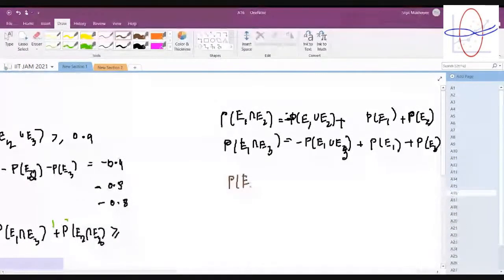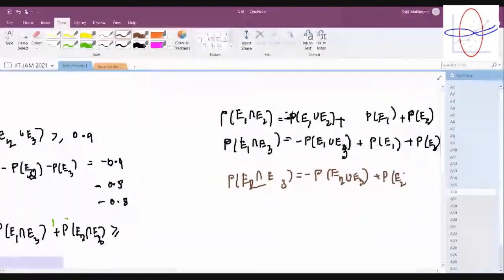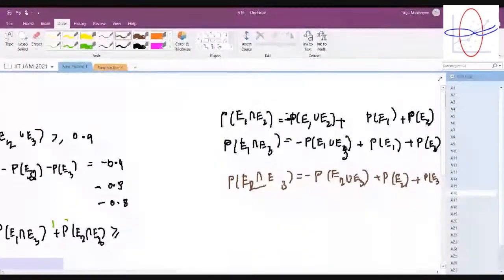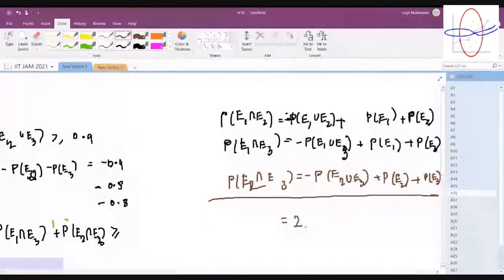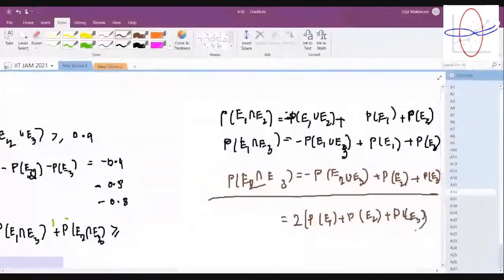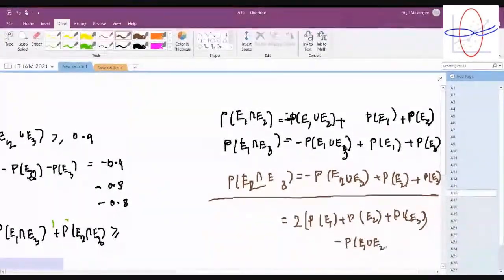So you get the sum of it, and you get twice probability of E1 union E2 union E3, minus probability of E1 union E2, minus probability of E1 union E3, minus probability of E2 union E3.